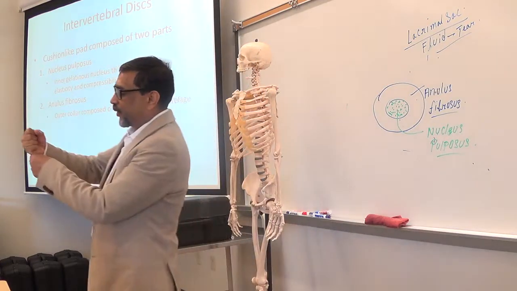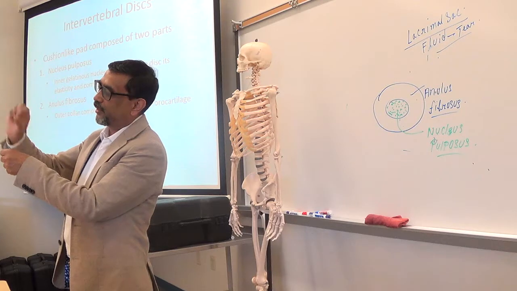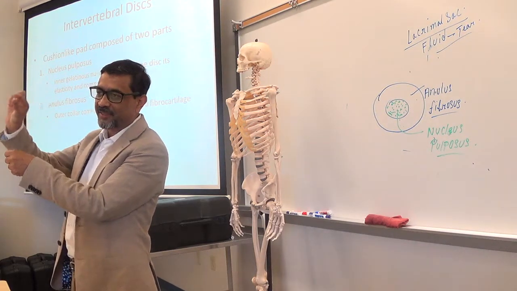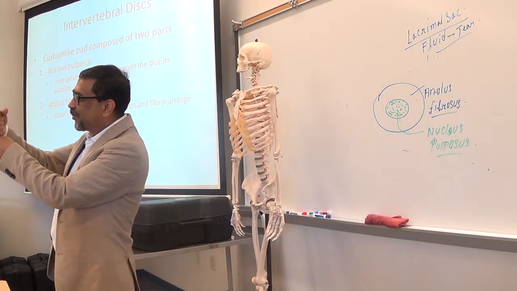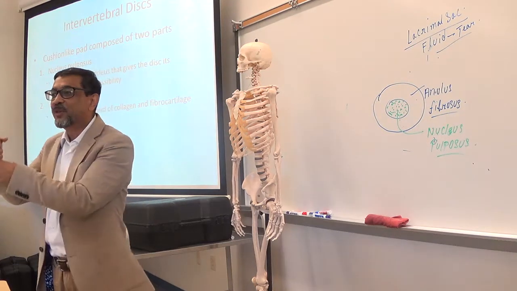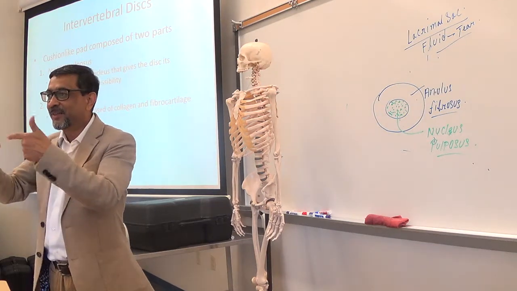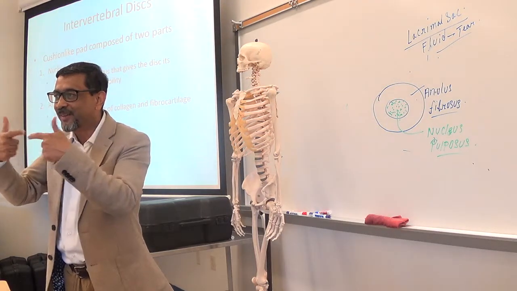Anyway, so you see that, that friction can gradually reduce the thickness of the intervertebral disc. It gets thin, okay? Sometimes when the bones come close to each other, bones have a tendency to do what? When you get fracture, bones do what? Yeah, new bone tissue is formed, right?